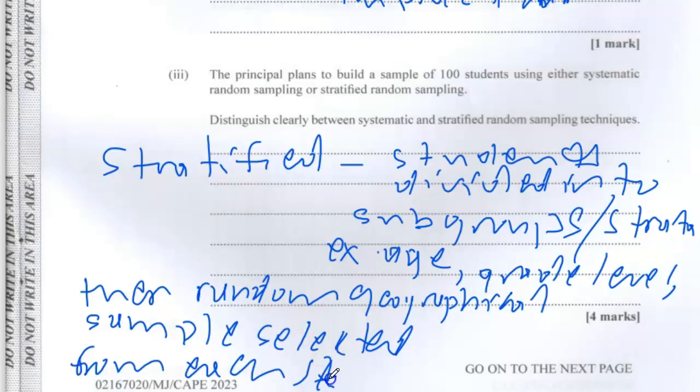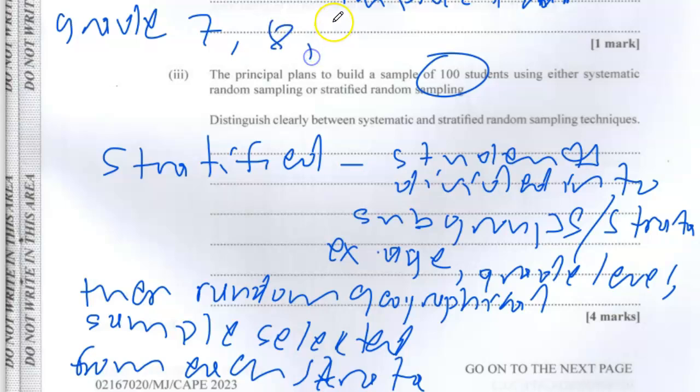So let me give an example. Let's say you want a sample of 100 students, right? So let's say you have grade 7 students, grade 8, grade 9, grade 10, grade 11 students. So what the teacher could do is divide the students into groups.